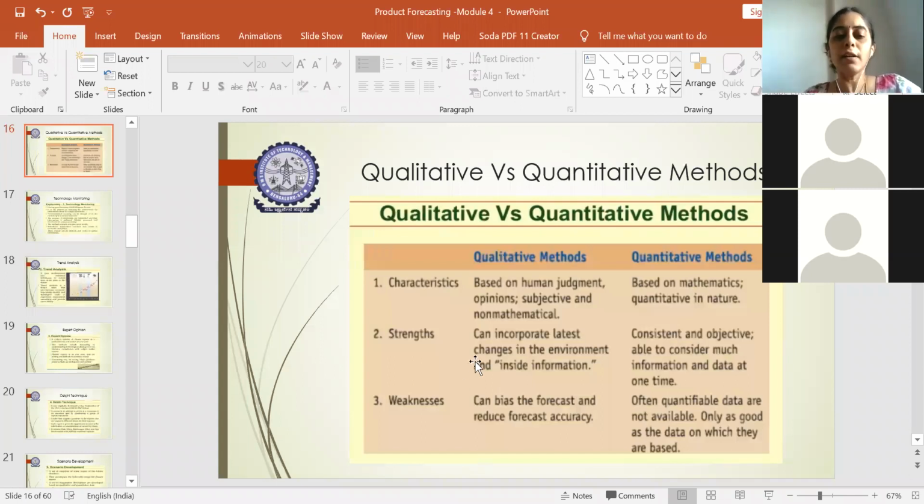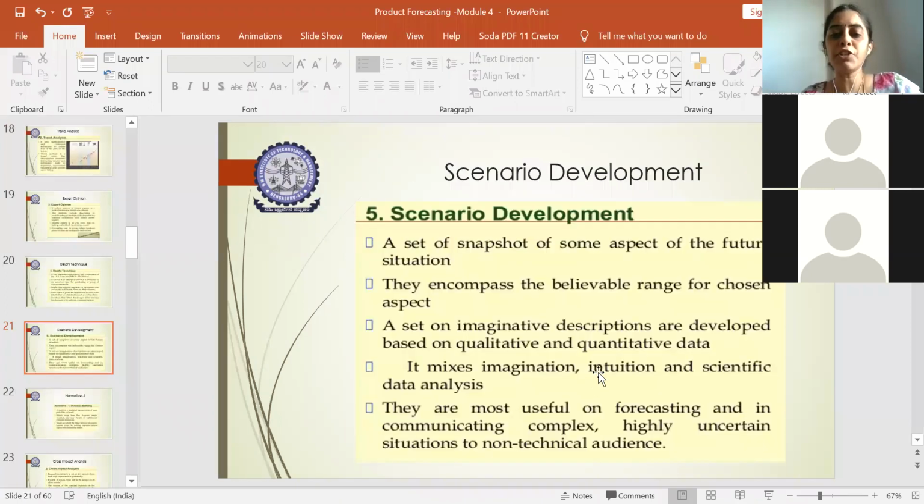Then after that it mixes imagination, intuition and scientific data analysis, and they are most useful in forecasting, in communicating complex, highly uncertain situations to a non-technical audience. This is very suitable for a non-technical audience because it speaks about the qualitative and the quantitative aspects.